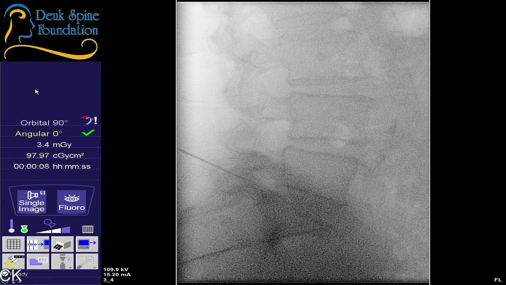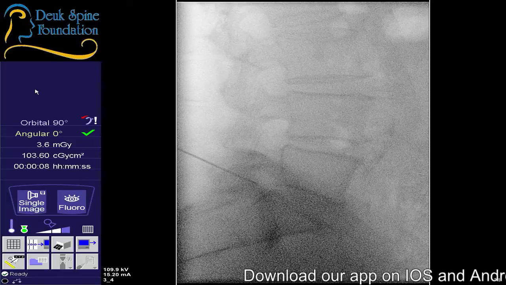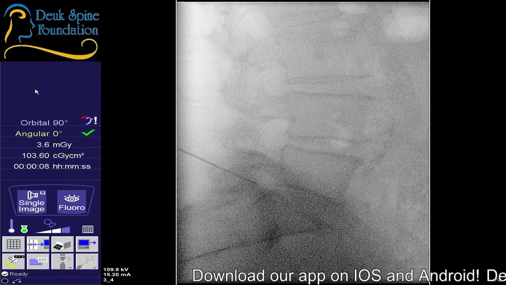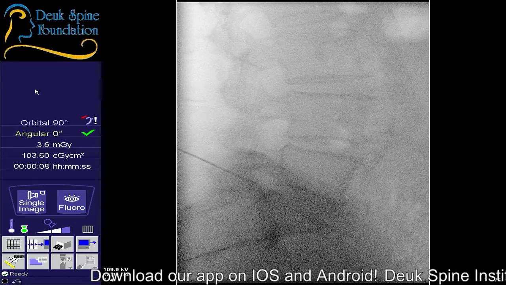So we use the X-ray view, which is the view you're seeing on your screen right now, in spine surgery quite often. Pretty much every single spine surgery we do as spine surgeons, we use X-ray. And X-ray allows us, so you're way too far out. I want you magged in a little bit. That should be centered up.